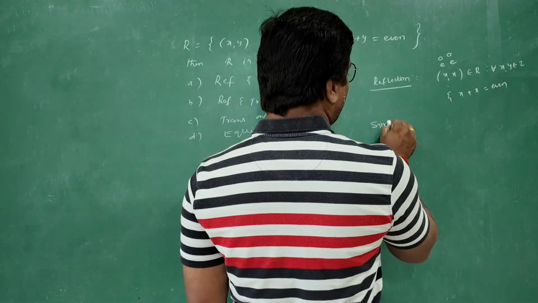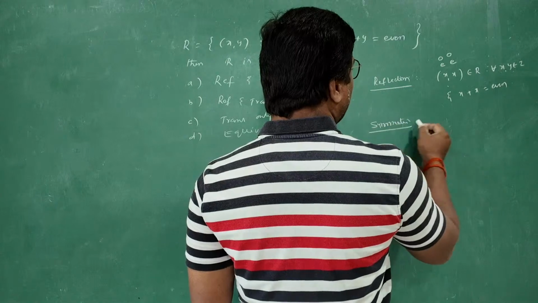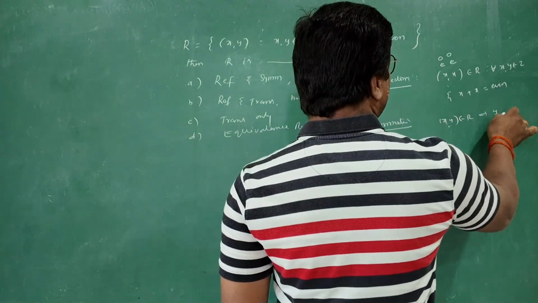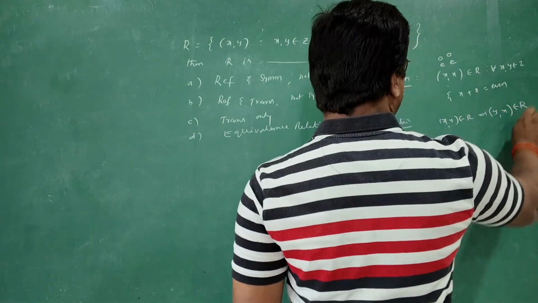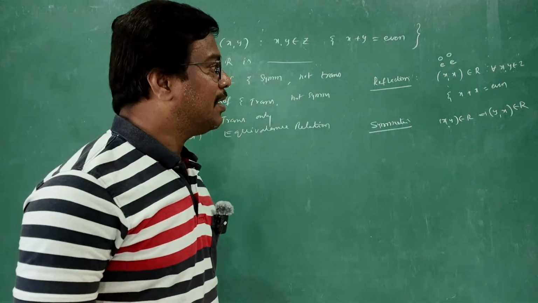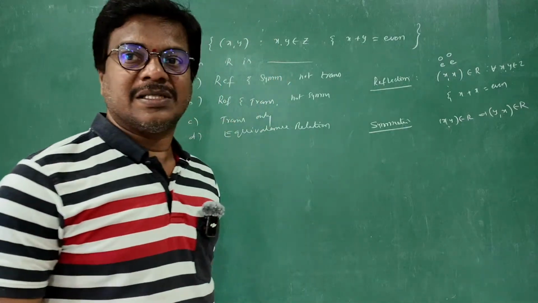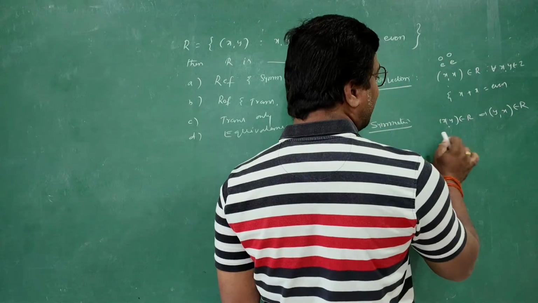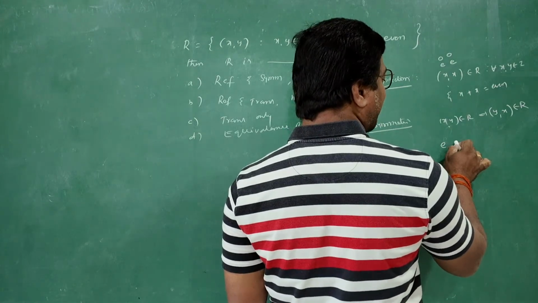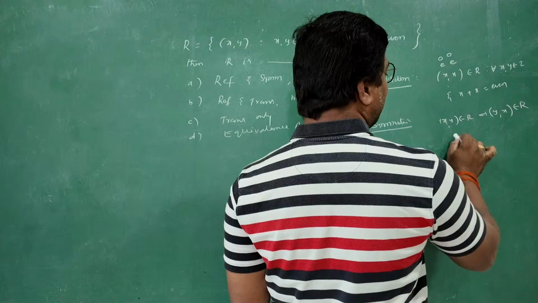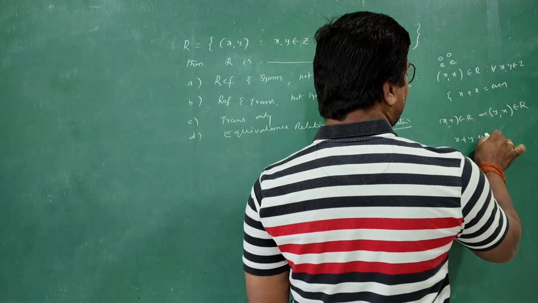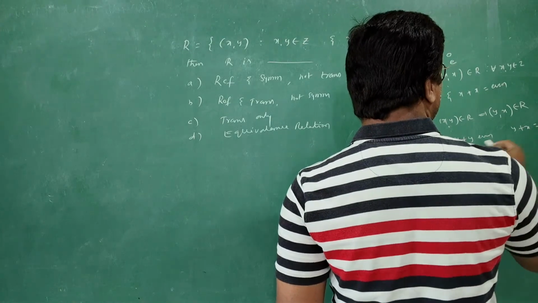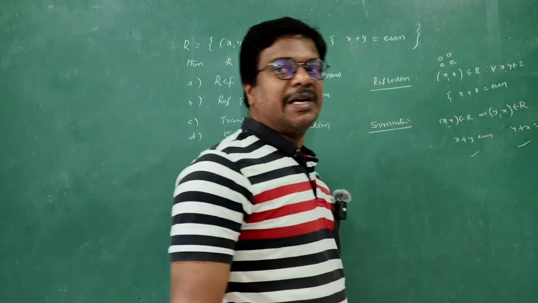Next, symmetric. If x comma y belongs to R implies y comma x also belongs to R, then it is symmetric, right? For some x comma y belonging to Z, suppose x even, y even, and the condition is x plus y even. Verify whether y plus x is even or not. If it satisfies the condition, then it is symmetric.